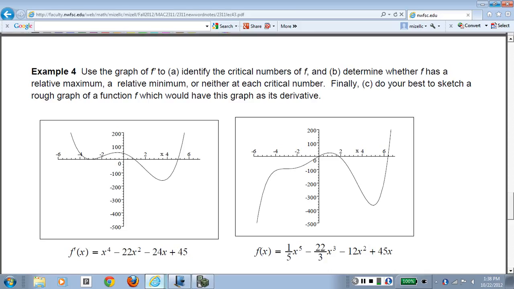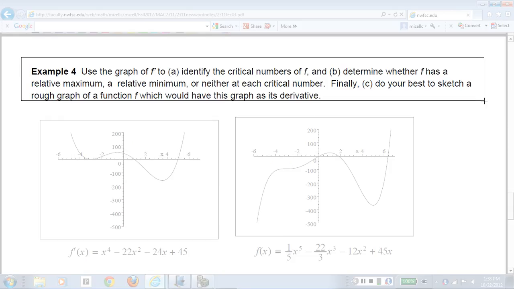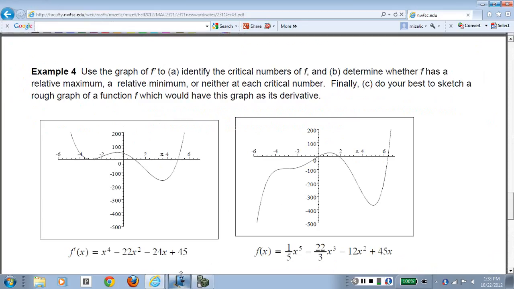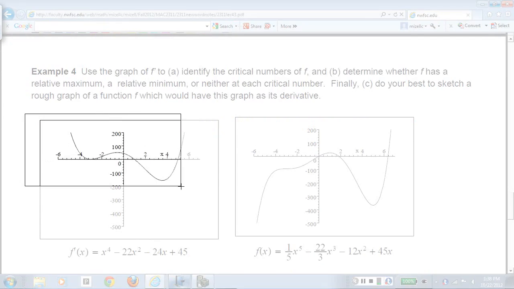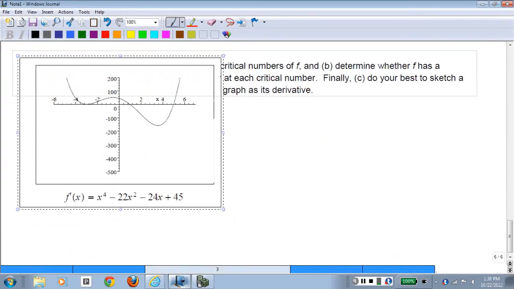It gives you a picture of f prime. So here's what I've got to do. I've got to capture this, paste that there, and capture this, and paste it there.